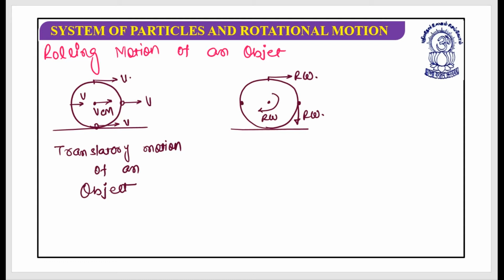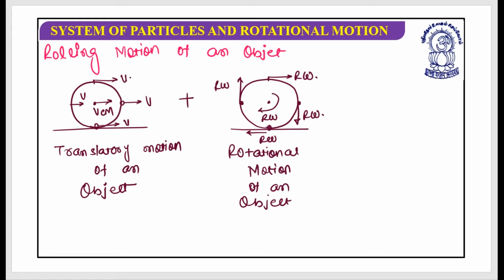This particle is moving in this direction, it's r omega, and this particle is moving in this direction with a speed of r omega. Yes, this is the rotational motion of an object.